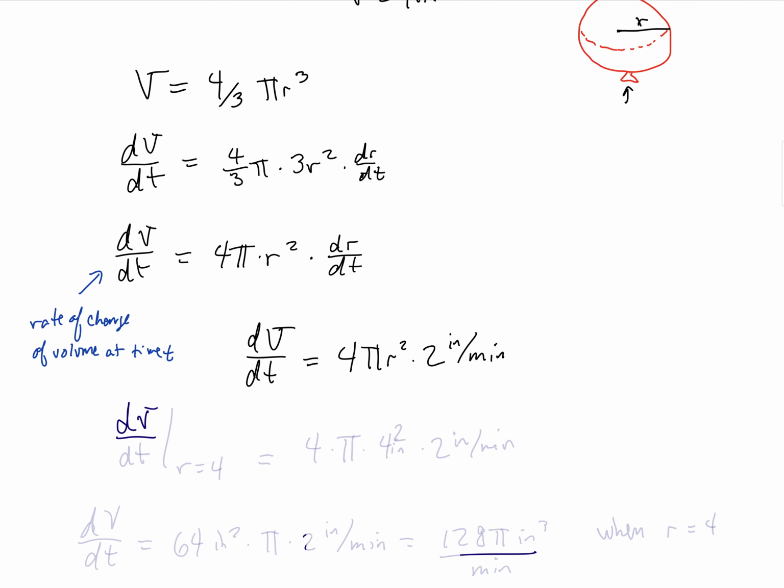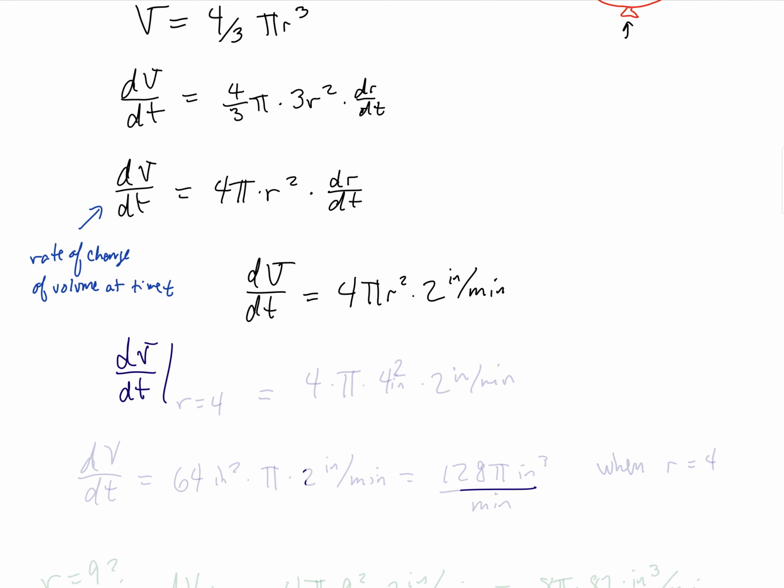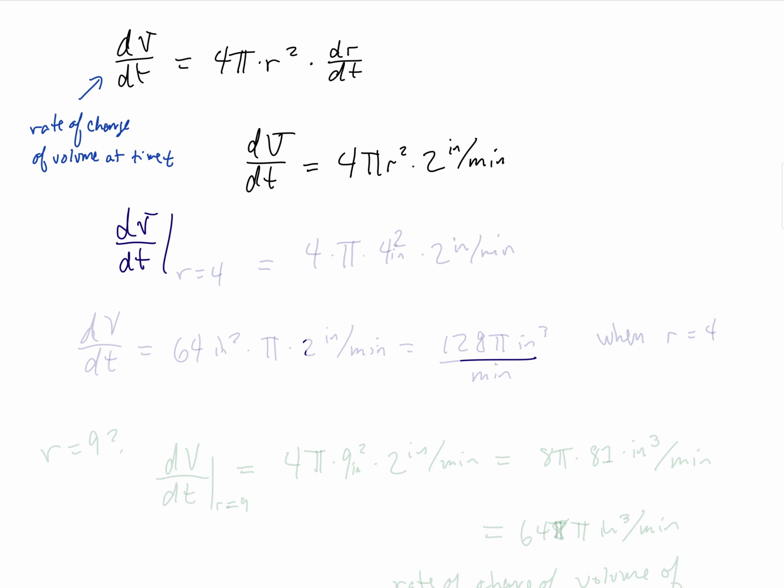So dV/dt at the time when the radius was equal to 4 inches. At that moment in time, dV/dt is equal to 4 times pi times r squared, 4 squared, times 2 inches per minute, and that 4 is really 4 inches.